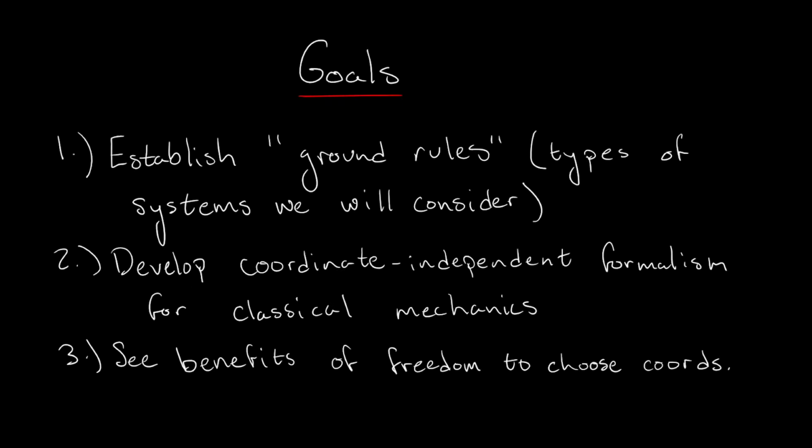So the first thing I'm going to talk about is, like I say here, some ground rules, specifically the types of systems that we will actually consider, because it turns out that this coordinate independent formalism is trickier to do in some systems than others.